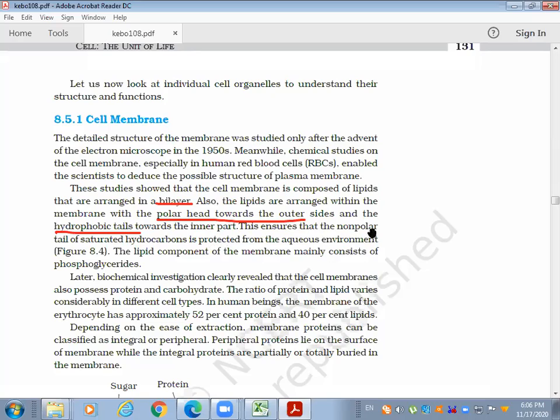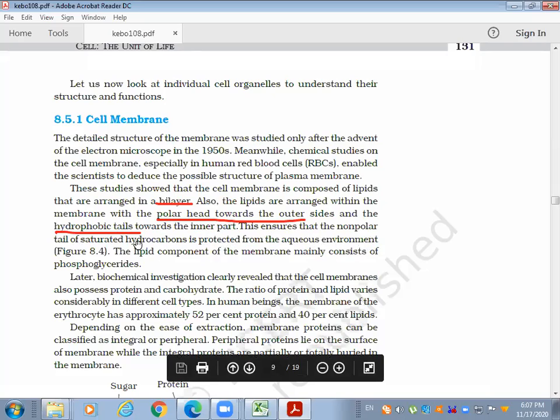This ensures that the non-polar tail of the saturated hydrocarbon is protected from the aqueous environment.